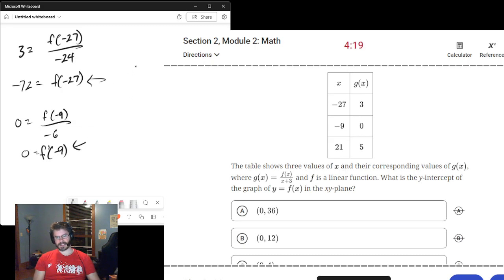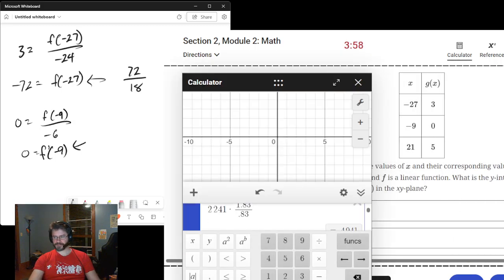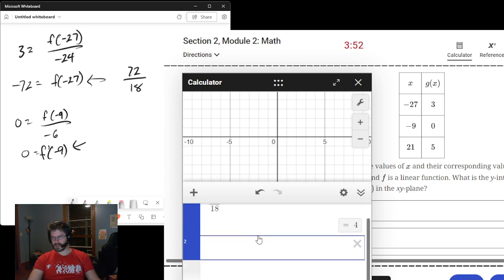So change in y is 72, and change in x is 27 to 9 is, I'm blanking, 18. 72 over 18. Sorry, I'm blanking as I get closer to the time rush here. Is 4, so our slope is 4.